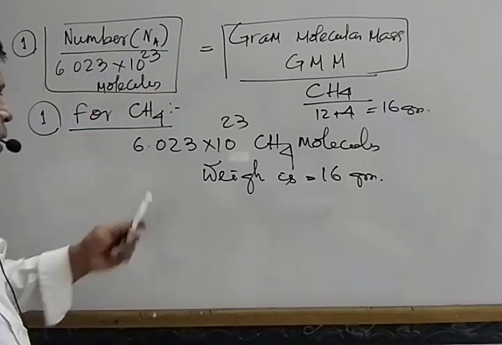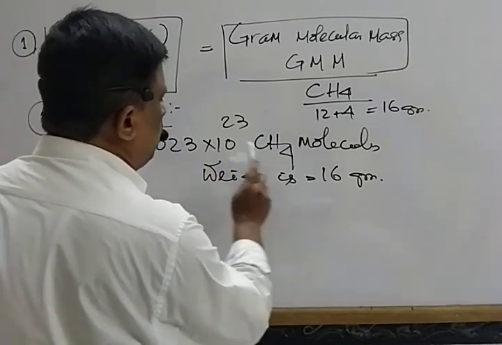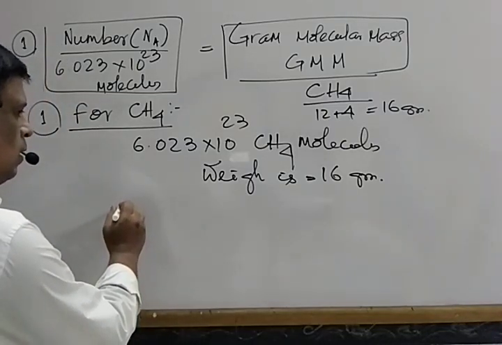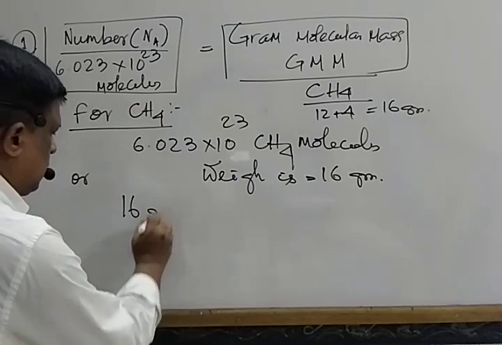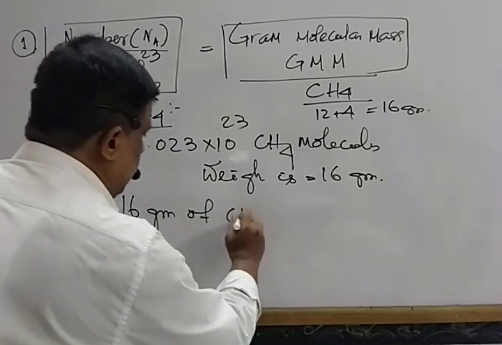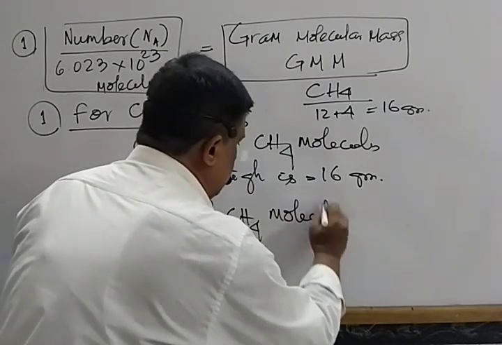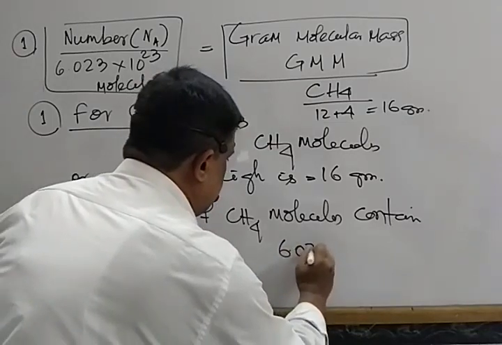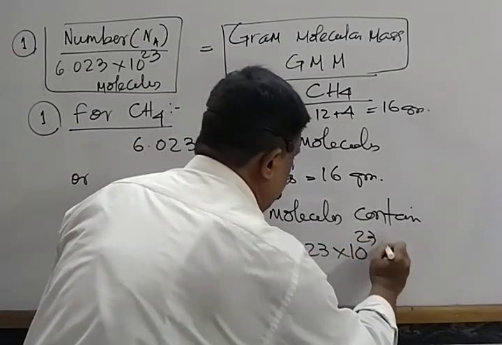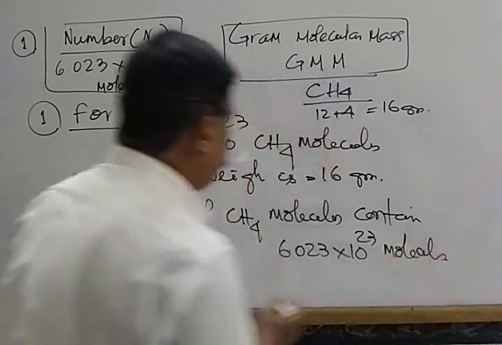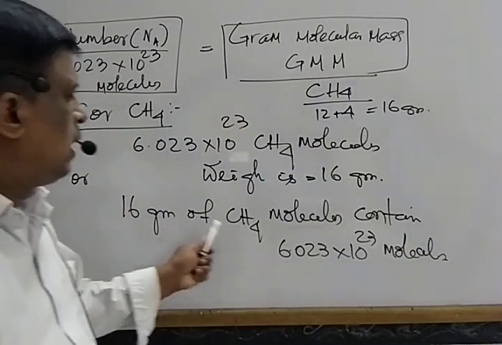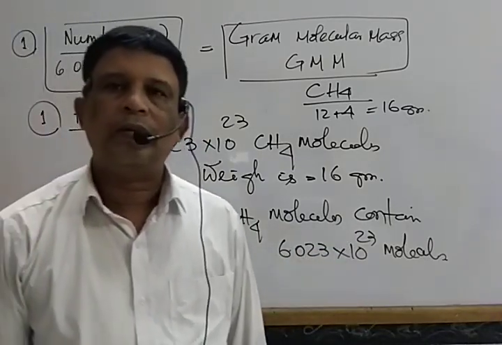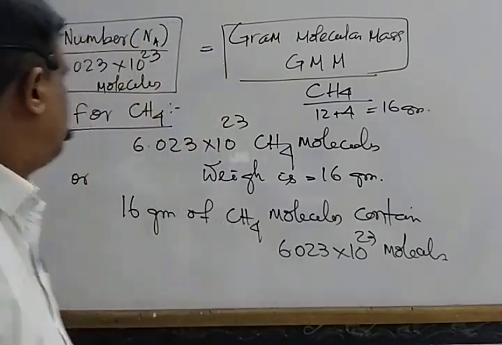The relation is that the weight of Avogadro number of methane molecules is 16 gram, or one can write 16 gram of CH4 molecules contain 6.023 into 10 to the power 23 molecules. Mark that. I repeat again, 16 gram of methane molecule contain Avogadro number of methane molecules. So frame the question, mark how the question is.